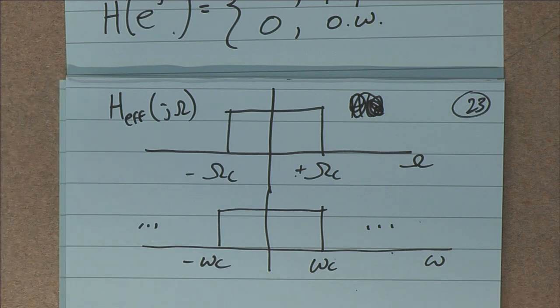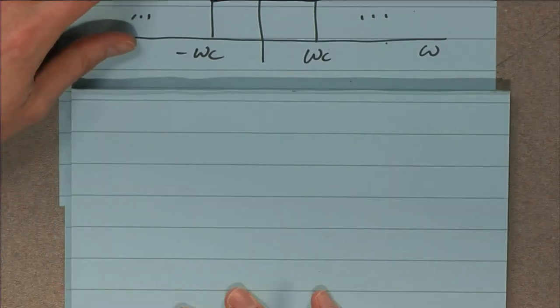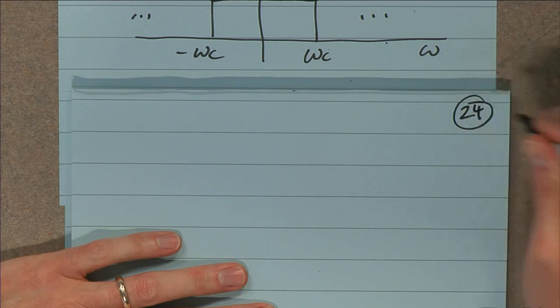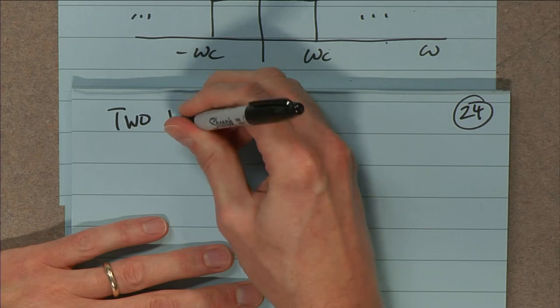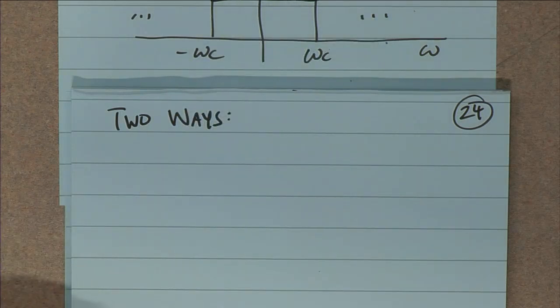Okay, now there's two ways we can think about this problem to keep in mind, and you should always try to keep these in mind because they kind of help give you design trades about how you want to approach any particular problem. So let's think about how we'd approach this problem if we were trying to do this H effective. So I'm going to say there's probably more than two ways, but we'll break it down into two ways to think about it.